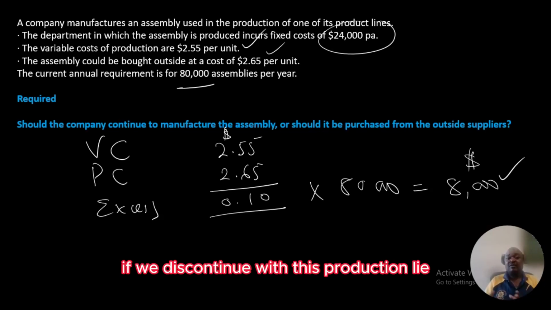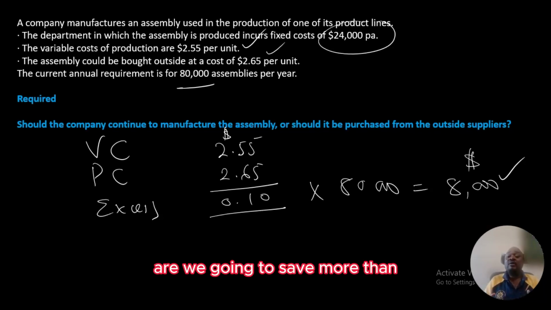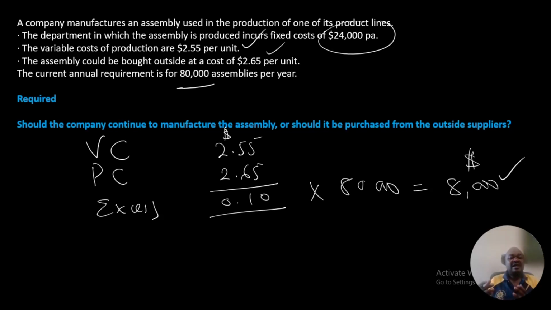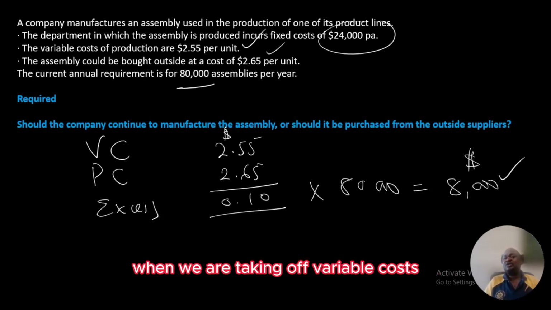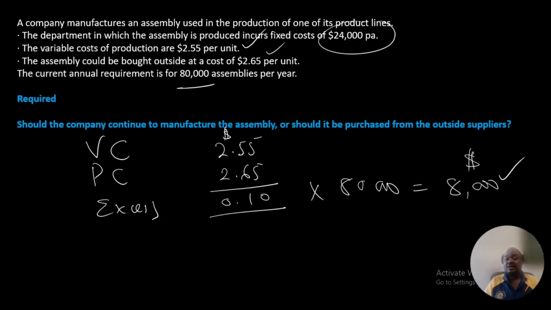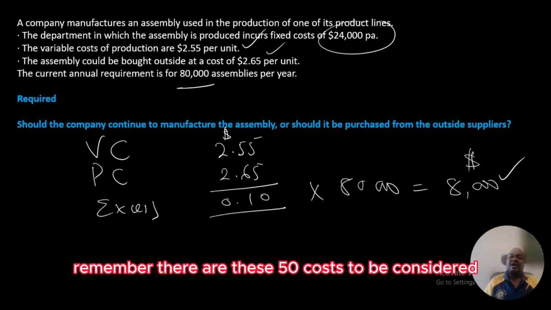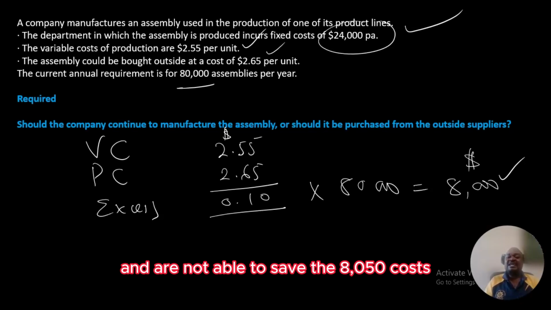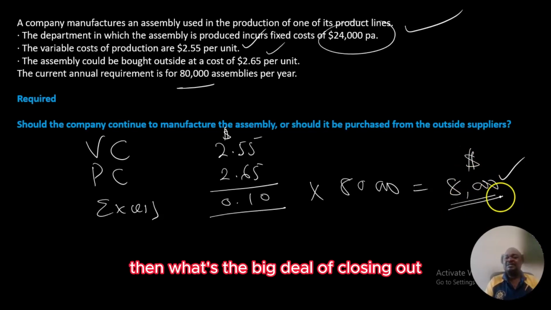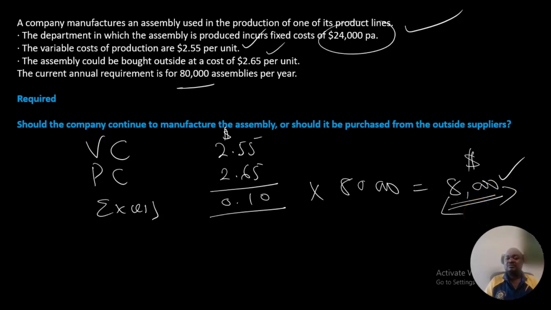If we discontinue with this production line, are we going to save more than $8,000 of fixed costs? Why do the fixed costs matter when we are talking of variable costs? Remember, there are these fixed costs to be considered. So if we close out and are not able to save the 8,000 fixed costs, then what's the big deal of closing out?